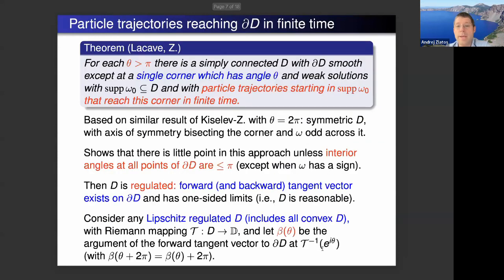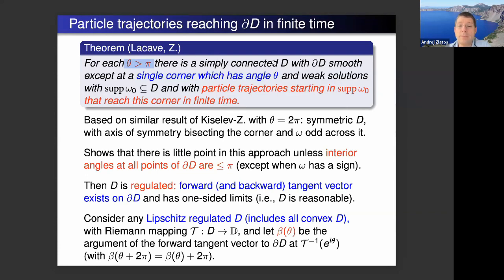And the question is why these angles greater than pi allow the particle trajectories to reach the boundary in finite time. And so we also proved a theorem that shows that that is possible as long as you have at least one corner with angle greater than pi.